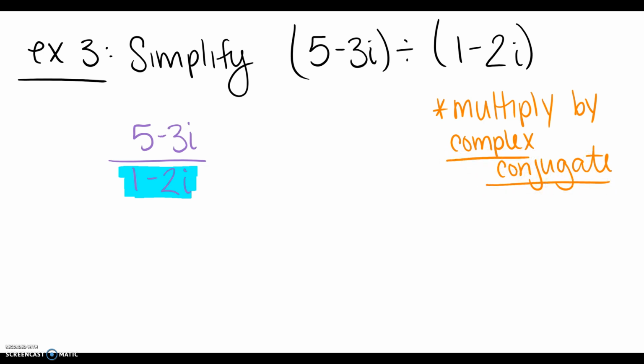So the complex conjugate is going to always be the same real number, so 1, and then opposite imaginary, so 1 plus 2i. So real quick, if you had like 6 minus 2i, the complex conjugate is going to be 6 plus 2i.